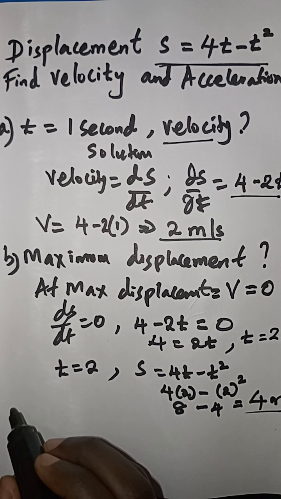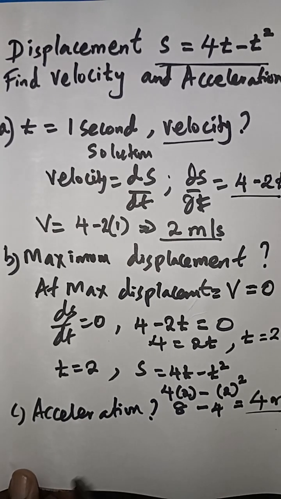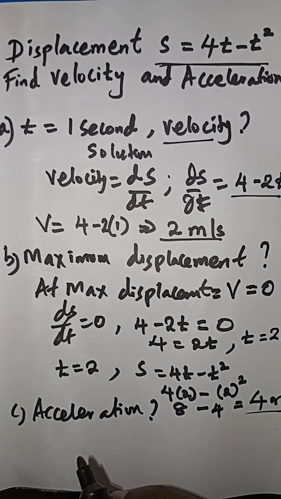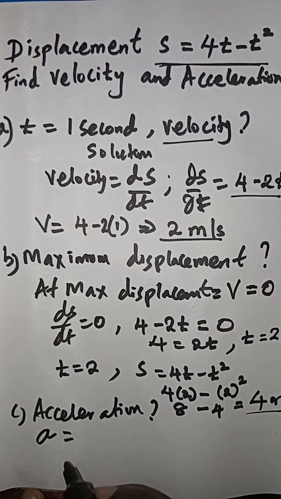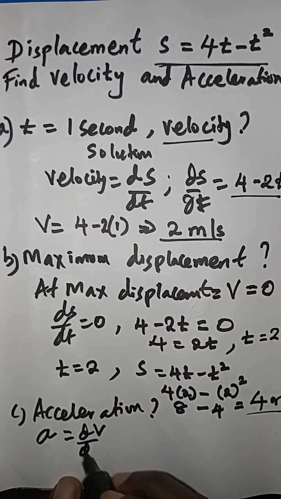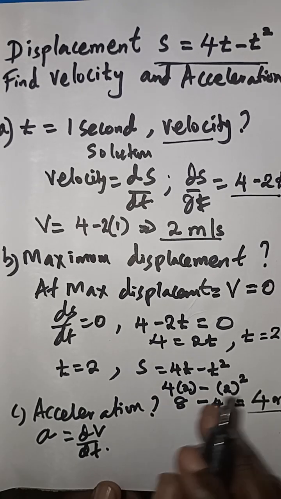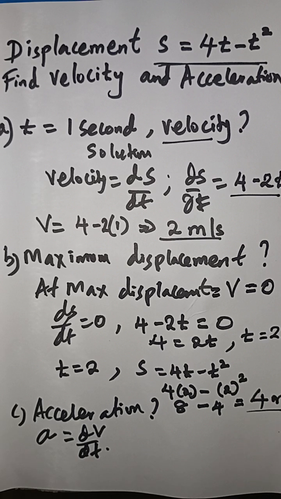So guys, next question, we are asked to find the acceleration of the particle. You need to recall that acceleration, A, is equal to the derivative of my velocity with respect to time. I have my velocity function here, 4 minus 2t.